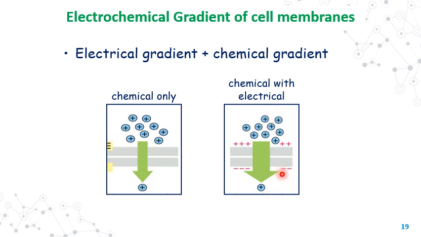And you're also going to have this overall negative charge that is going to pull your positive charge from outside of the cell. So you look at the size of the arrow, your pull is going to be a lot greater when you have a negative membrane potential in the inside of the cell. Okay, so this flushing through the channel is going to be more potent if you put electrical and chemical gradients together.